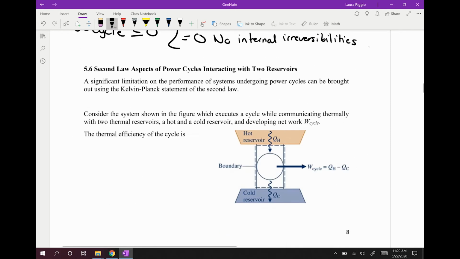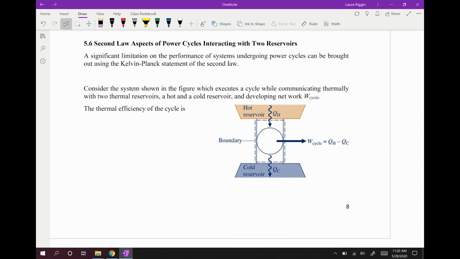We're going to look at how that applies to power cycles that interact with two reservoirs.